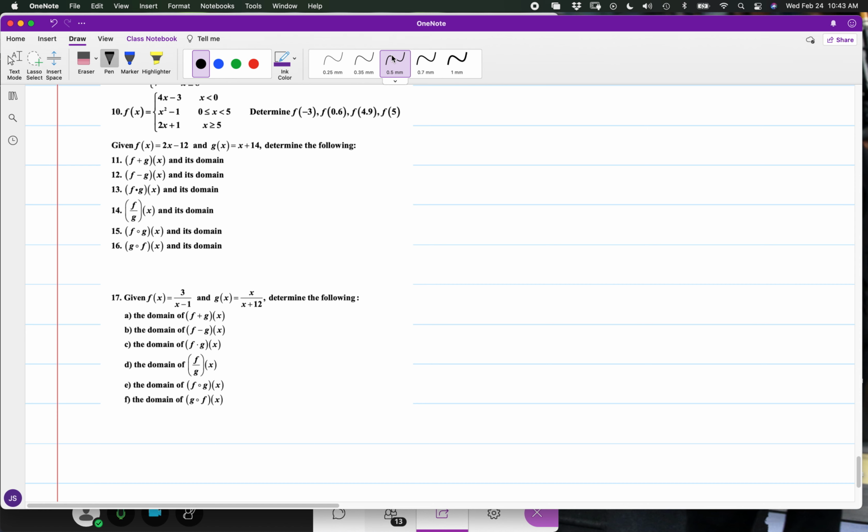Okay, so for 17, we have f of x is equal to 3 over x minus 1. And g of x is equal to x over x plus 12.